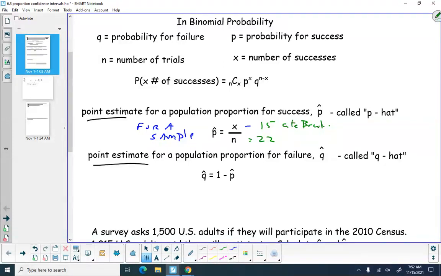Going to 2 decimal places would be fine. 15 divided by 20 is 0.68. So of my sample in this room, 68% of you ate breakfast.